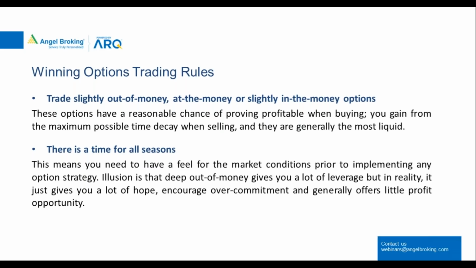And secondly is the delta of that option. If the delta is low, so if you're buying a deep out of the money option, you will find that the delta is very less. So even if the stock moves up significantly, or Nifty moves up significantly, or Bank Nifty moves up significantly, you will stand to make very little money because the delta is very low. So you need to understand this.